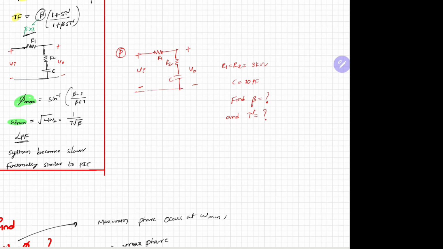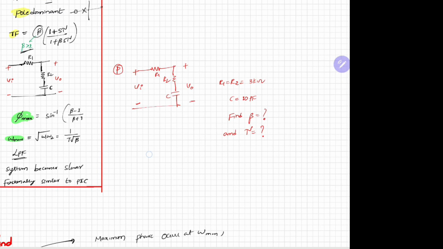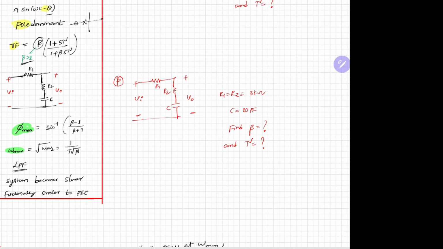This is the formula: maximum phase equals sin inverse of (1 minus alpha) by (1 plus alpha), and omega max equals the geometric mean of omega 1 and omega 2, which is 1 by (tau root alpha). These two are very important formulas, every time they ask for them. In a lead compensator the system becomes very stable and much faster, but in a lag compensator the system becomes slower.